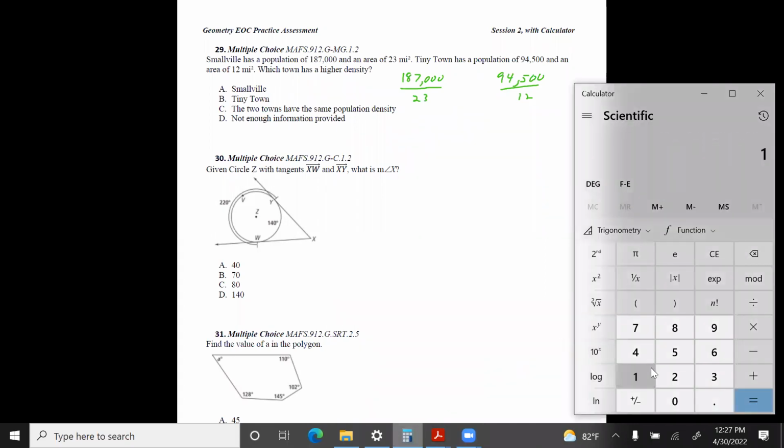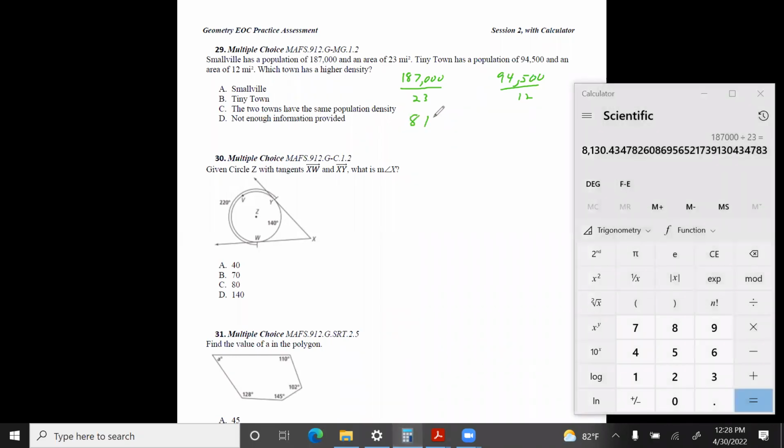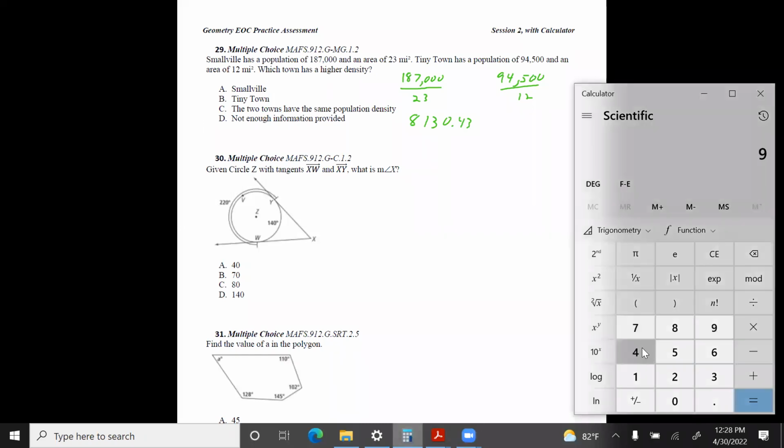So 187,000 divided by 23. That gives us a population density of 8,130.43. The other one, plug that in, you have 94,500 divided by 12.